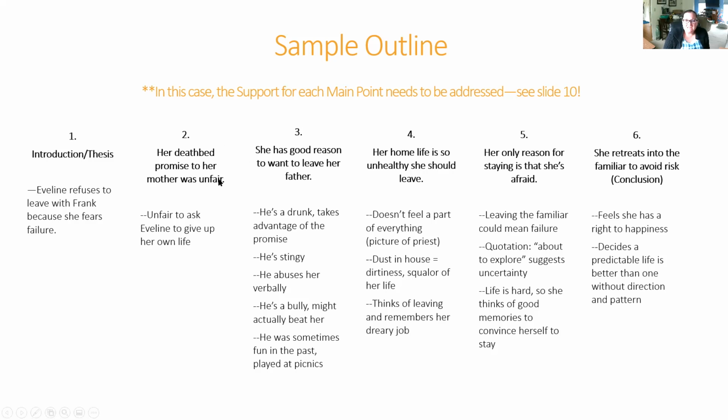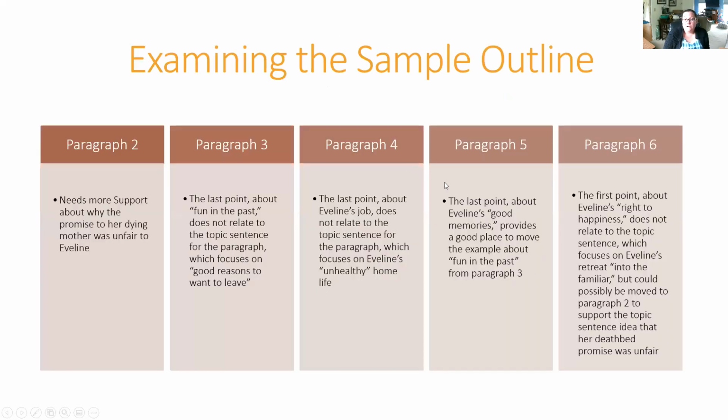But if it doesn't fit with any of the main reasons we're choosing to discuss, then it doesn't belong in the essay at all. So again, if you can see where it could fit somewhere else, go ahead and move it. But don't feel like you have to fit it in somewhere else. You can just get rid of it. But again, it doesn't belong in this section. It doesn't match up with what this section is supposed to be focusing on.